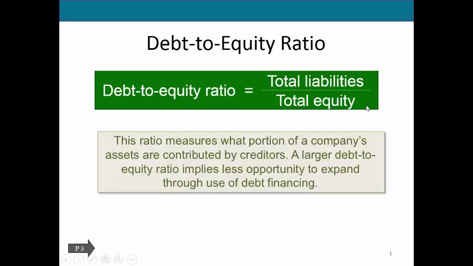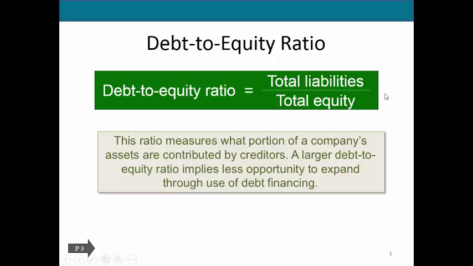Now, if you'll remember, liabilities or debt by rule is a legal obligation to pay interest and the principal back to someone. Equity, on the other hand, is an investment and ownership that someone has in a company, and that owner may or may not receive dividends, but that is based on the company's discretion.